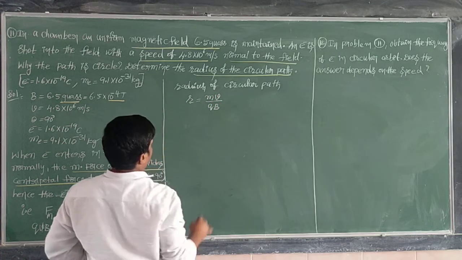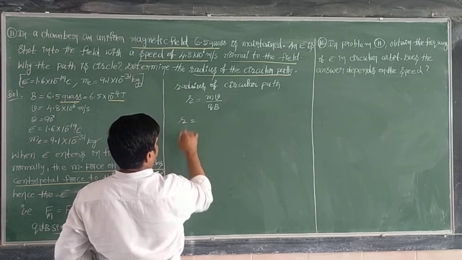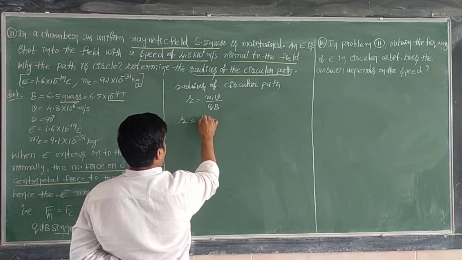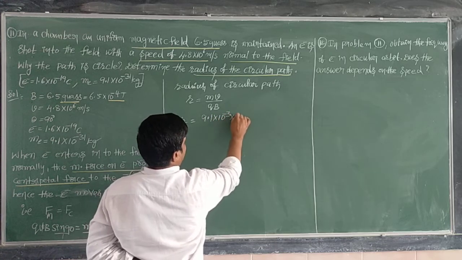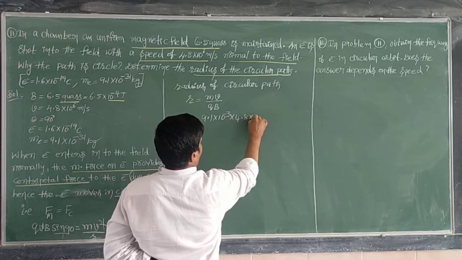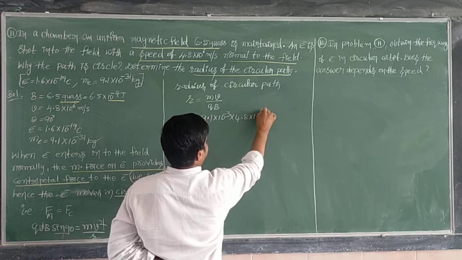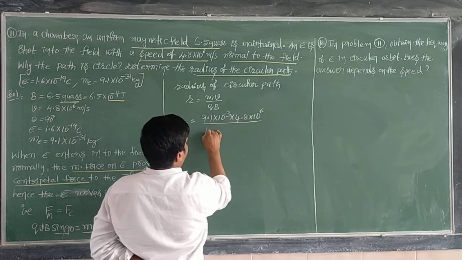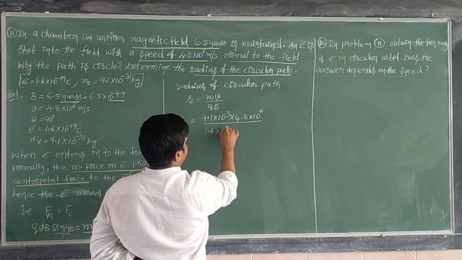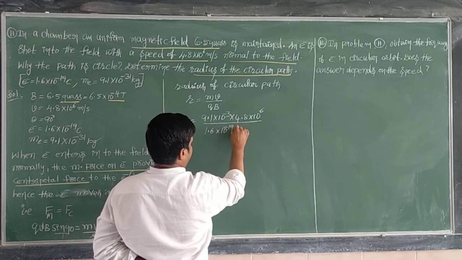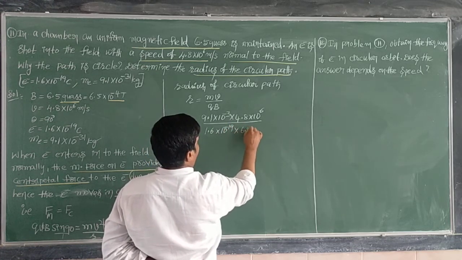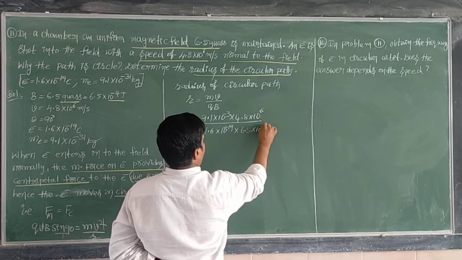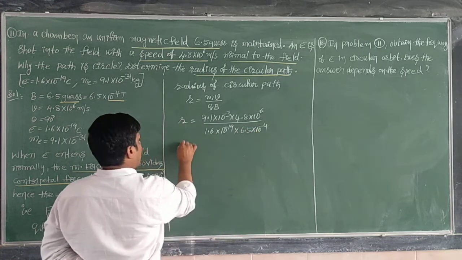The mass is the mass of the electron, 9.1 into 10 power minus 31, speed 4.8 into 10 power 6, divided by the charge of the electron 1.6 into 10 power minus 19, into 6.5 into 10 power minus 4.